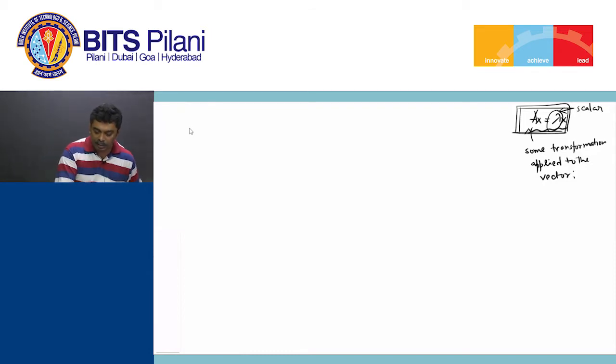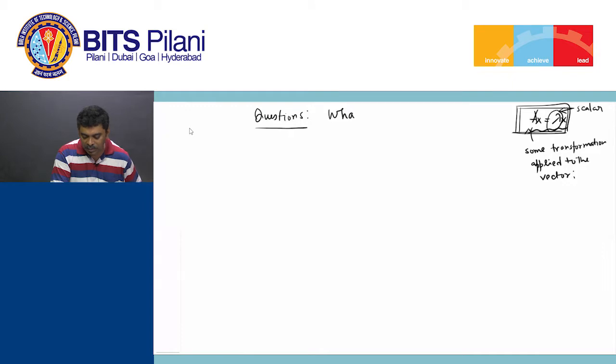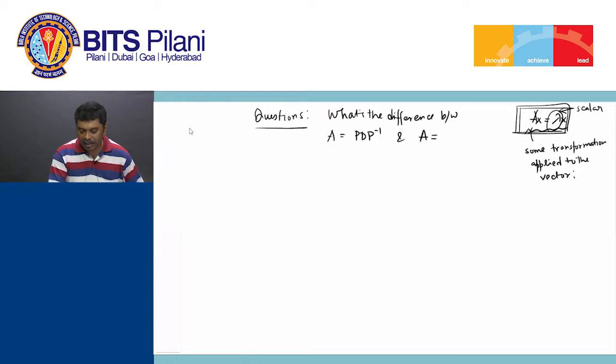So let's ask some questions here, okay, before we get into SVD. So the question is, what is the difference between when you have a square matrix A and you decompose it into this fashion, and you have a non-square matrix A and you are decomposing it into this fashion?